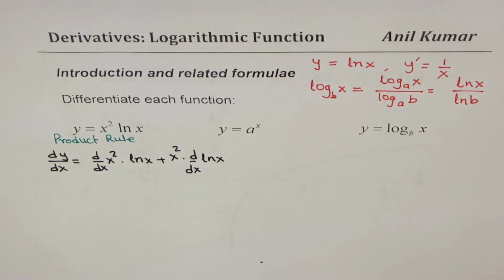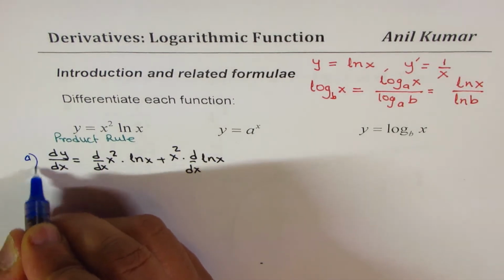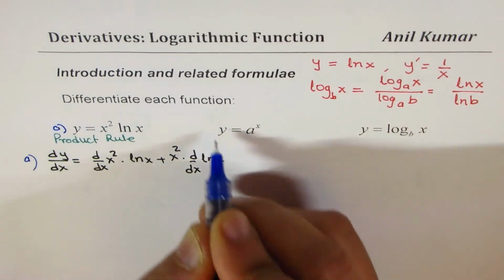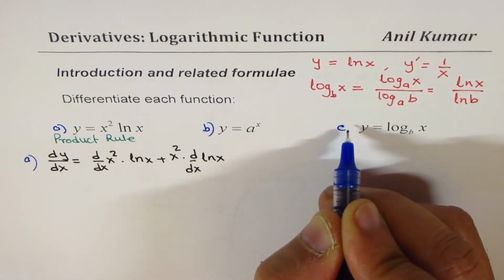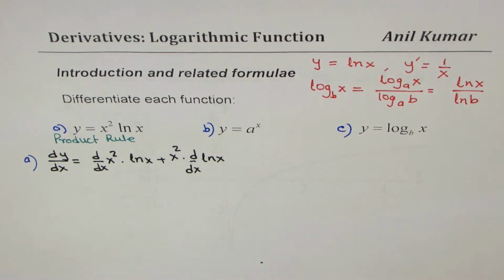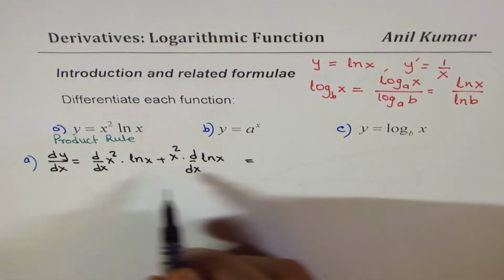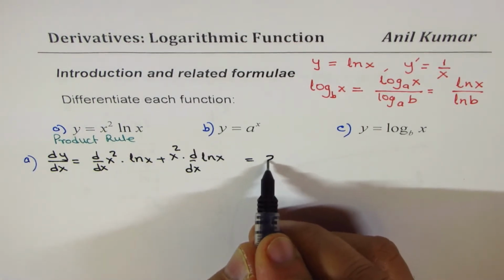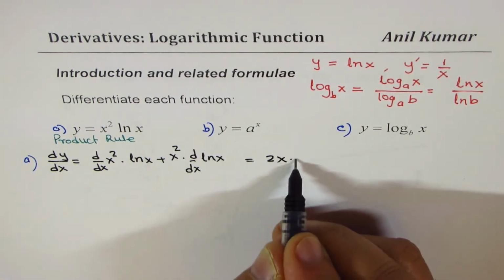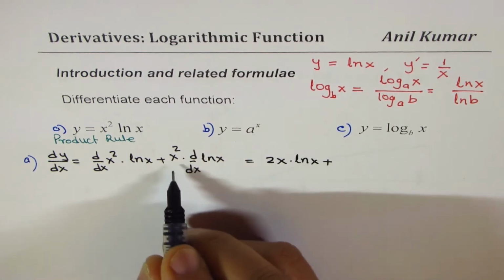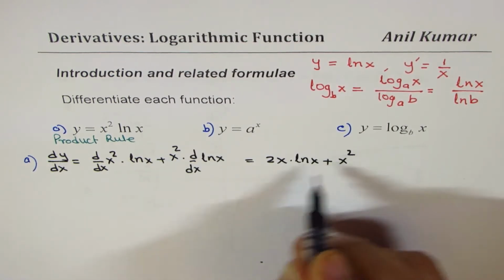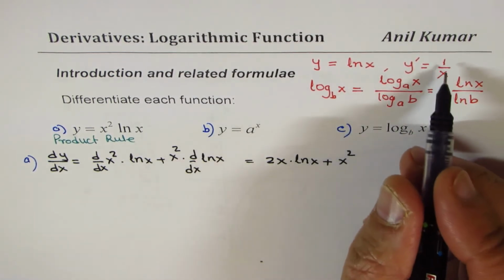So let me do part A here. I'll write A here, and that's my portion A. Then we'll do B and C separately. Okay, so the derivative is very clear. Derivative of x squared is 2x, and we just write ln x, plus x squared times derivative of ln x, which is 1 over x.